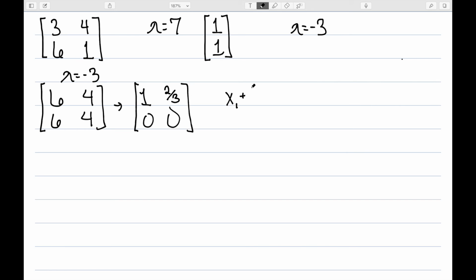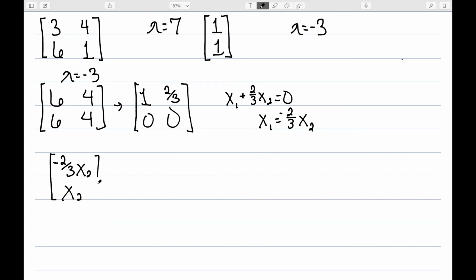So my equation says x1 plus 2/3 x2 equal to 0, or x1 equal to minus 2/3 x2. So the equation for x1 will be minus 2/3 x2, and then x2 is a free variable. Factoring out the x2 gives me (-2/3, 1). And we'll go ahead and multiply this by 3 to get my eigenvector of (-2, 3).